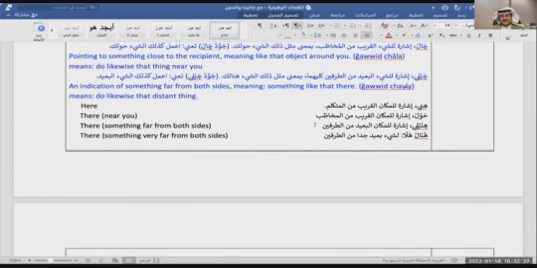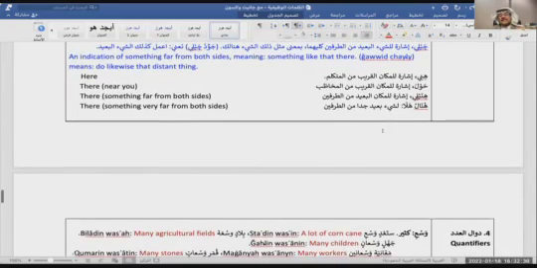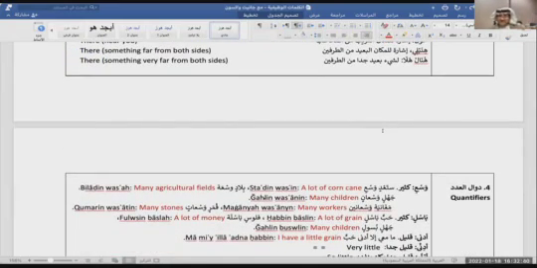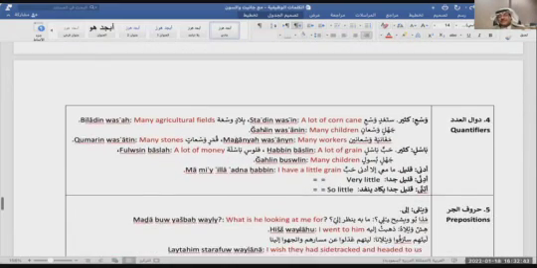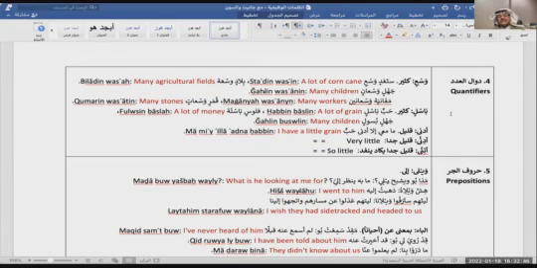Hina means the place, I'm indicating a place near me, and hunaka near the listener, and hunayli is far from both of us, and hunalhala is farther than from both sides.